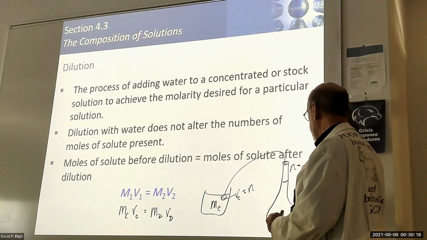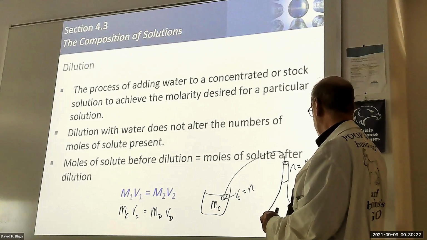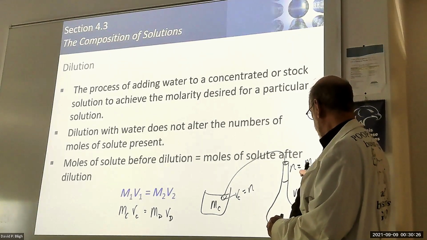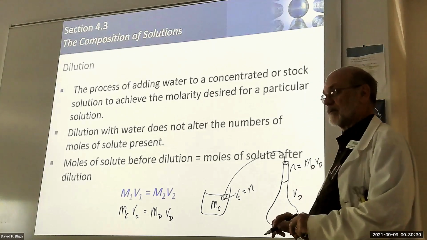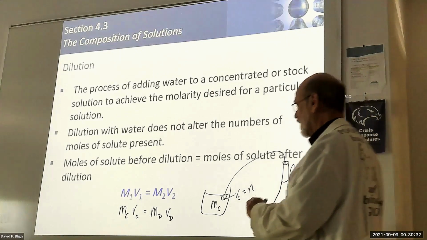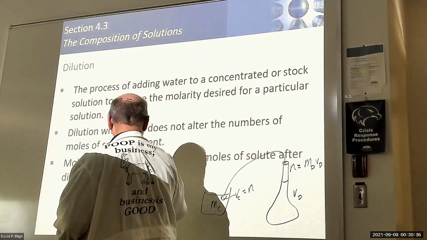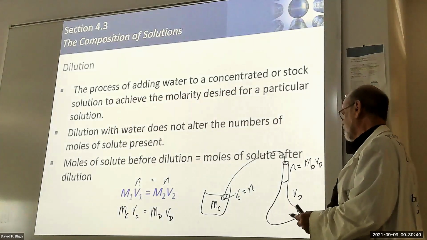So this has to be equal also to molarity times volume. Well, we know the volume is here. So the molarity here is the one we want. So that's how they're related. Each one of these is equal to the same number of moles. That's why that equivalence works.